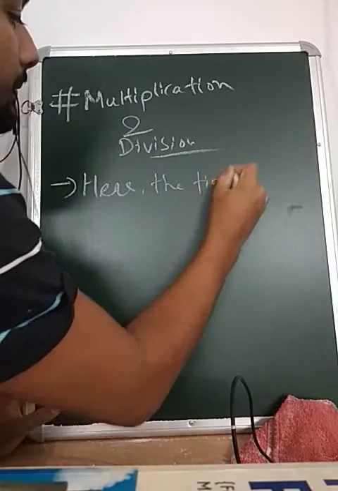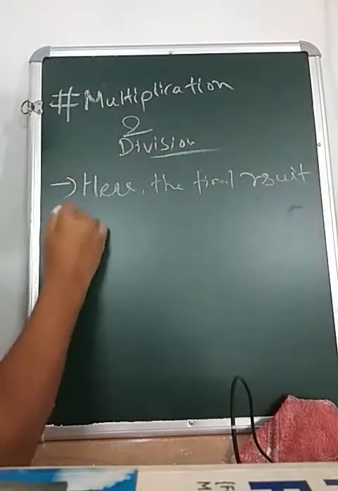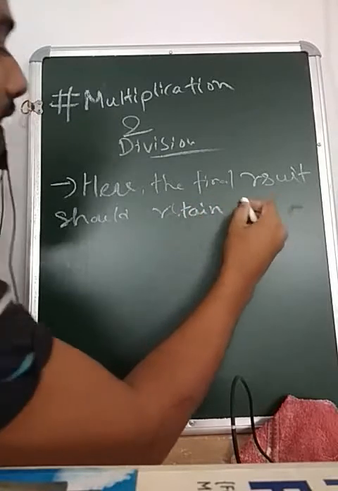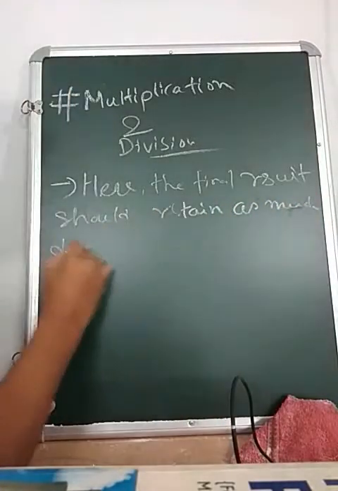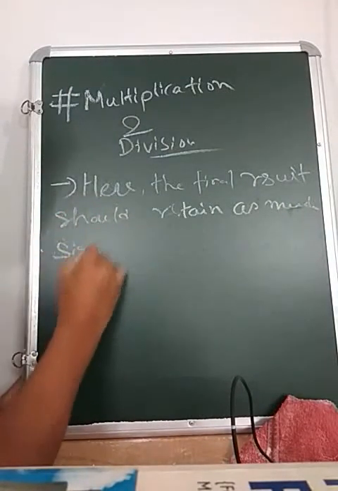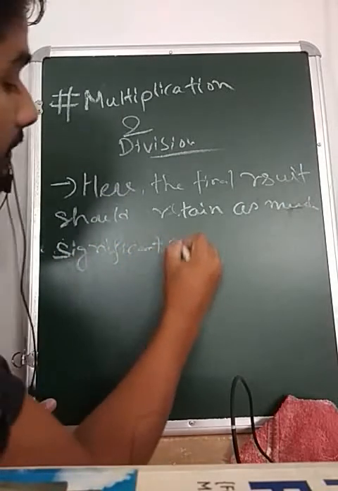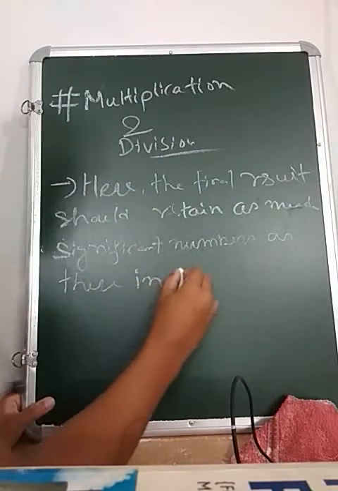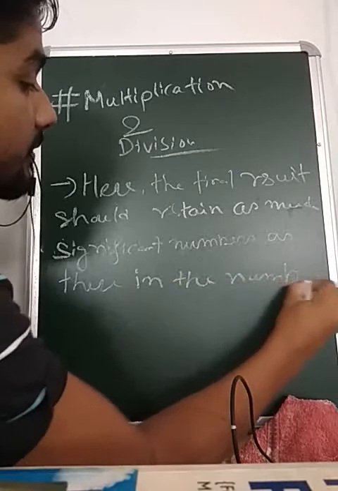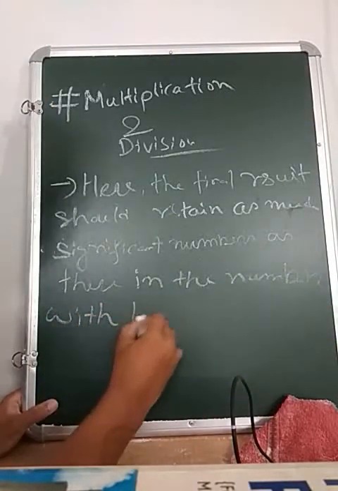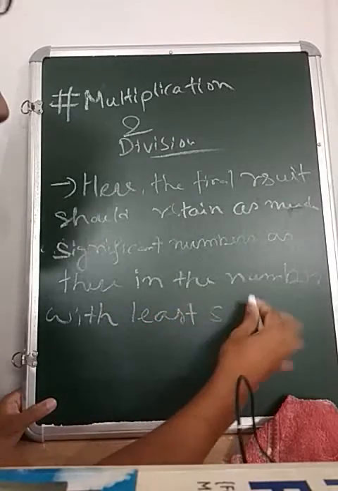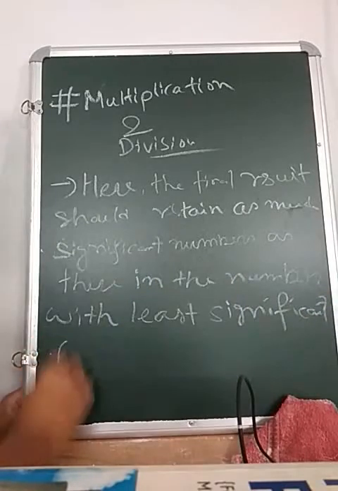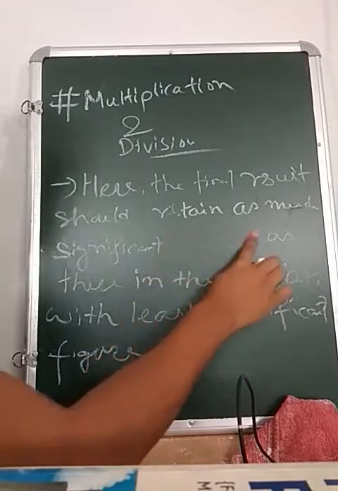The final result should retain as many significant figures as there are in the number with the least significant figures.